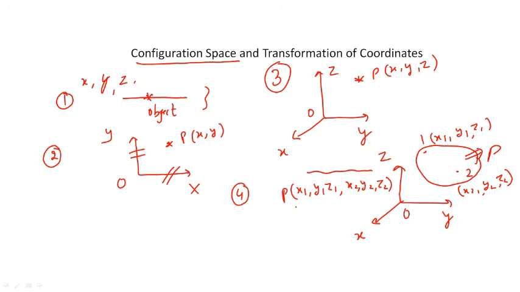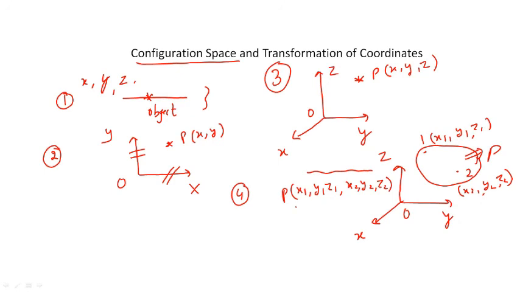This 6-coordinate-axis space is known as the configuration space or phase space. It is also important that when the two-particle system is replaced by a one-particle system, it is not necessary that the one-particle system will be either at point 1 or at point 2.